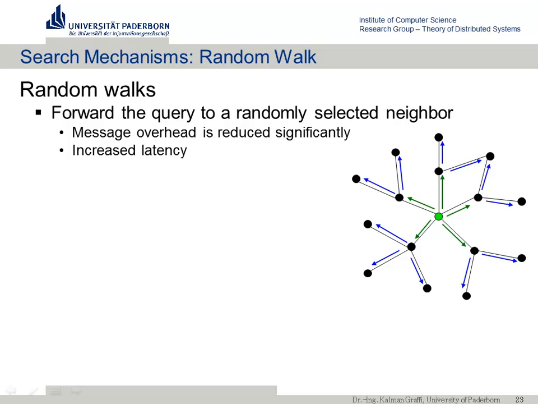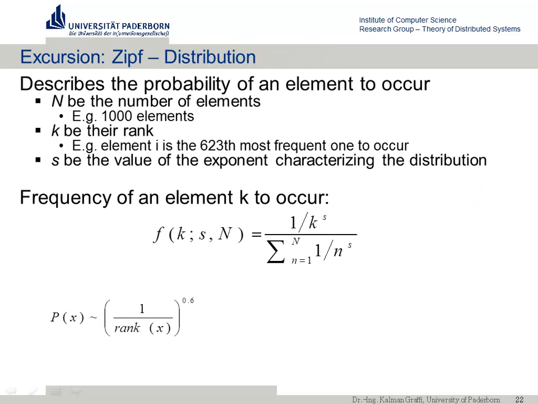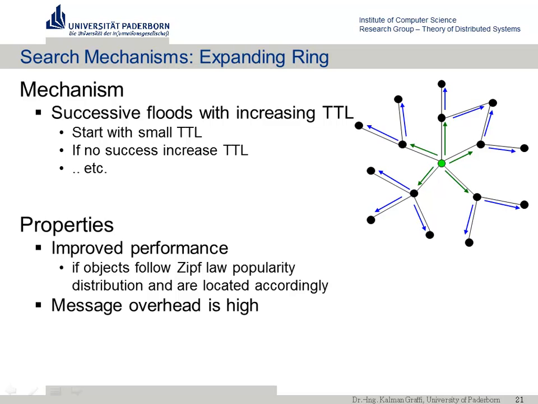Okay, so coming back to why it is relevant for this expanding ring. It's telling that most probably you're looking for something popular, because that's of high probability. And it's also probable that somebody else has been interested in that popular thing. So if you start with a small time to live of 3 and you contact 1000 nodes, then with high probability you are looking for something that somebody else was also looking for, and that's probably in this set of 1000 nodes.